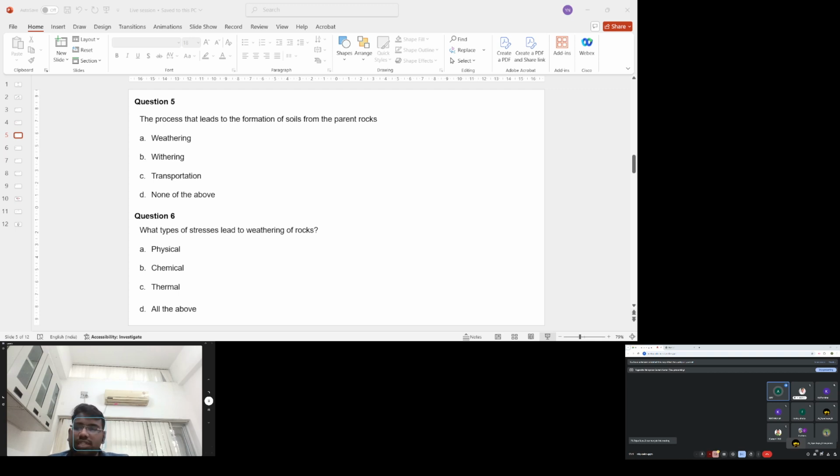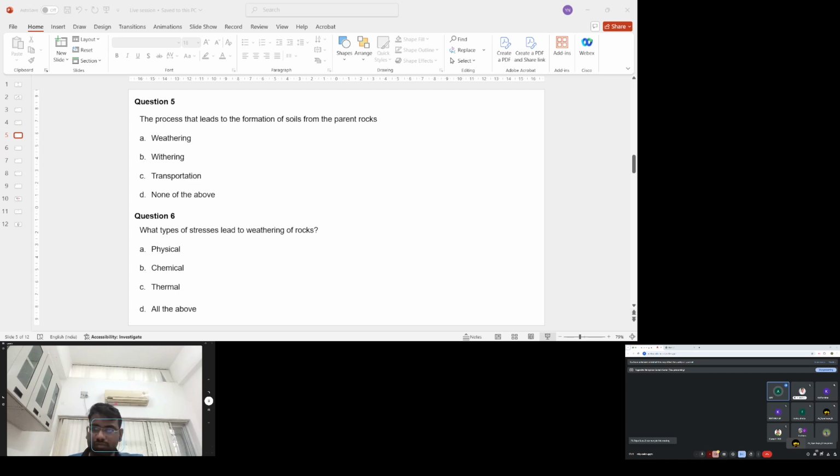So that also comes under thermal effects. These three, individually or as coupled phenomena, can contribute to the weathering of the rock. Either one can occur, or a combination of two or three. So our option will be all of the above.